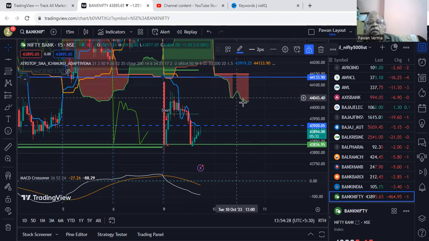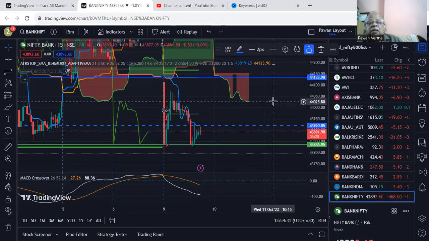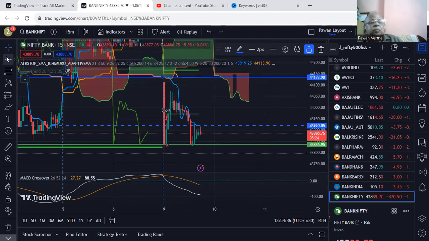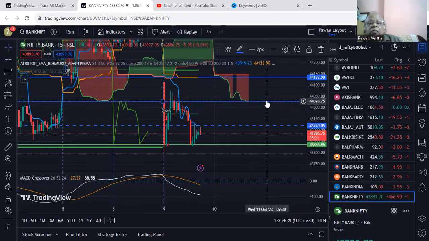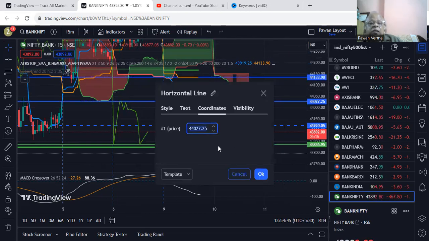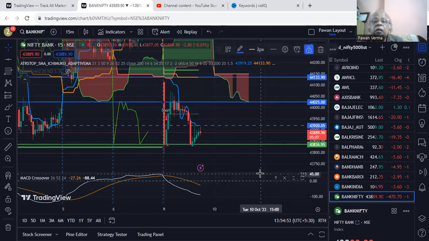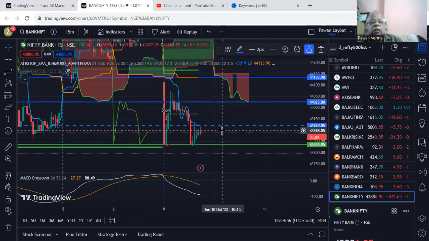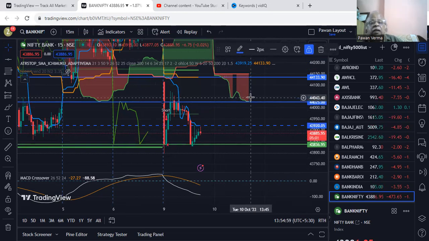And here we will get the resistance, or the second target, what we are just visualizing, is 44,025. This is the level where we can get the resistance if the upward move is initiated.